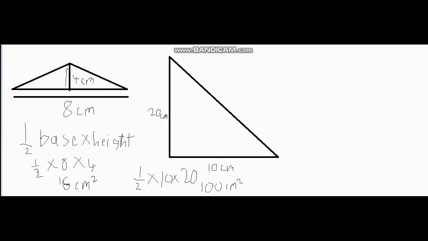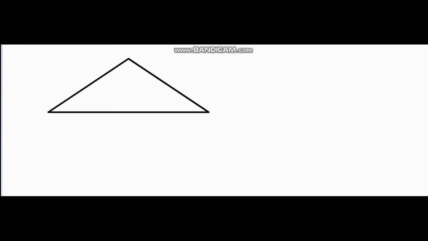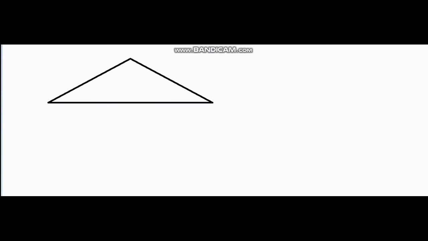Now let's move on to another formula. Let's draw ourselves a new triangle. Now, for this one, we're going to label this side A, B, C, and then we're going to label the angle opposite to each side.